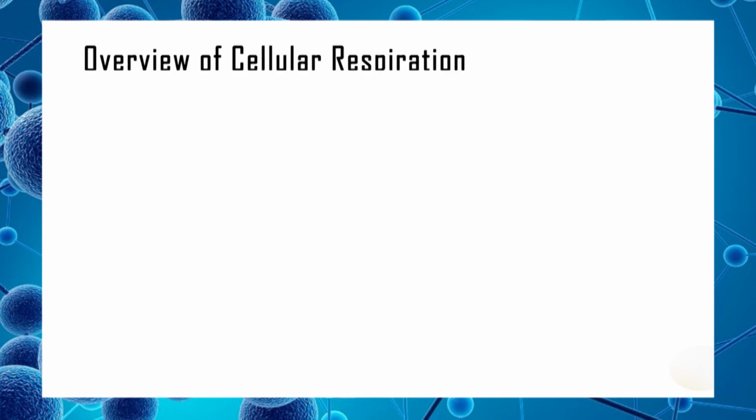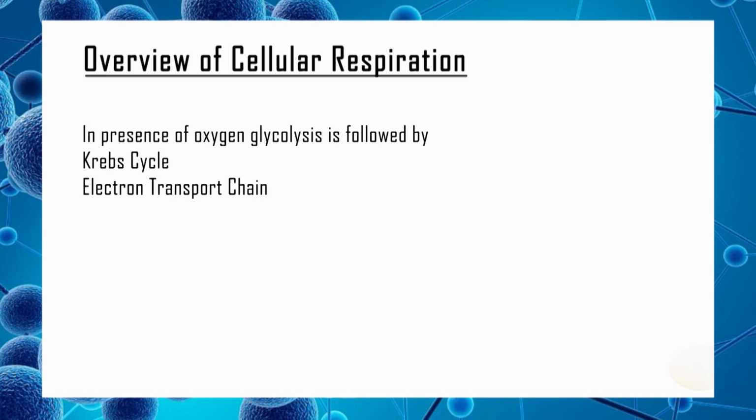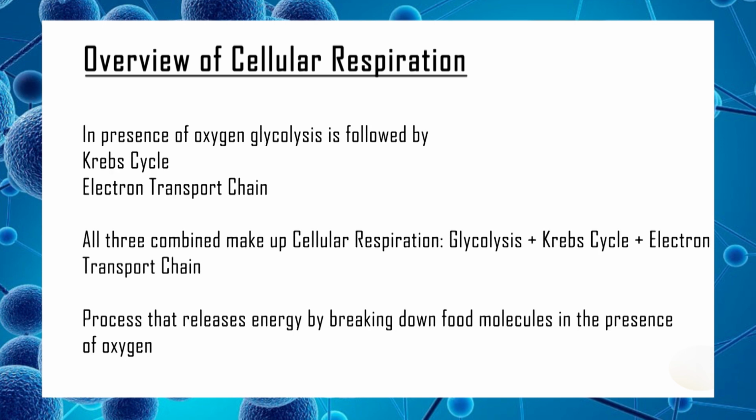Now, what is cellular respiration? In the presence of oxygen, that means we can say it is aerobic. In the Krebs cycle and electron transport pathway, in both you can see the aerobic cellular respiration in the presence of oxygen, the Krebs cycle and electron transport chain.